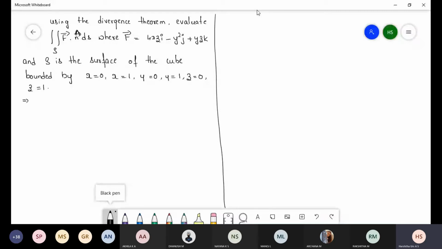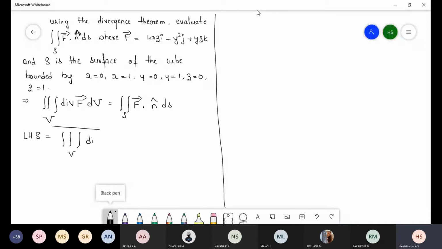Triple integral over the volume V, divergence of vector f dV is equal to double integral over the surface S of vector f dot n cap dS. Now we have to find LHS. LHS is equal to triple integral over the volume V, divergence of vector f dV.